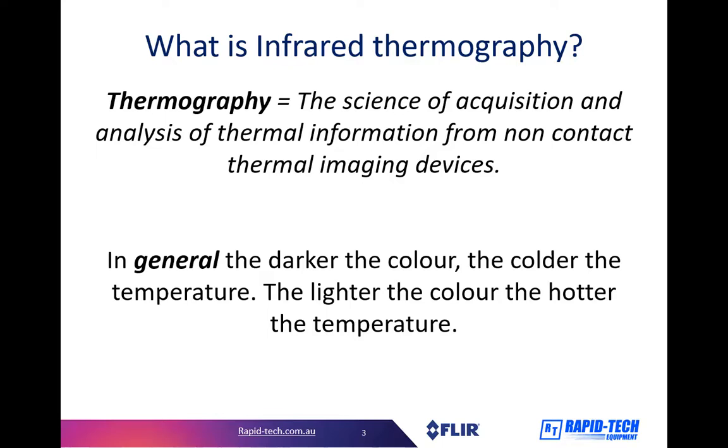They work very similarly, but with a thermal camera, because you've got multiple sensors, you can create a heat map, and that gives you a visual display. Depending on the color palette, but in general, the darker the color, the cooler the temperature, and the lighter the color, the warmer the temperature.